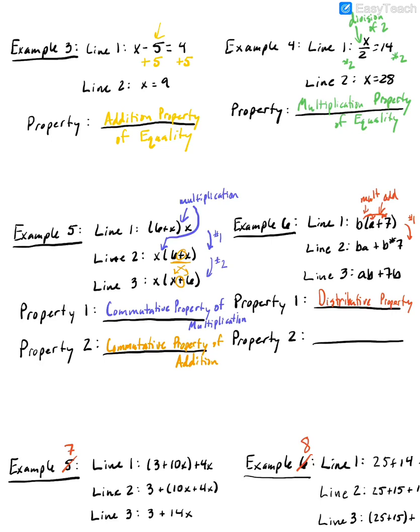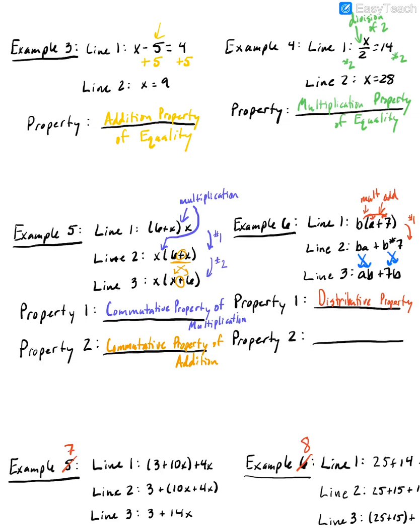Now for line 2 to line 3, I need to look at what's going on here. So in the first term, b is switched spots with a. And then in the second term, b is switched spots with 7. So it's like the order switched for both of them.